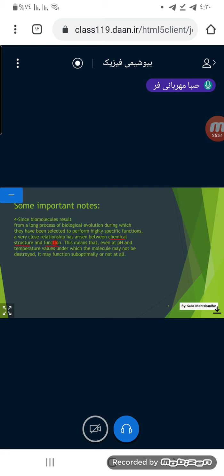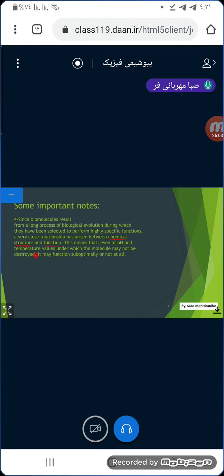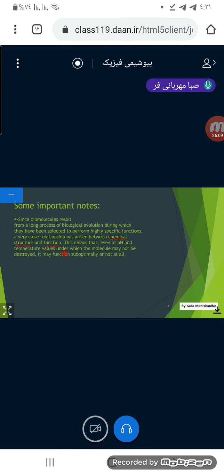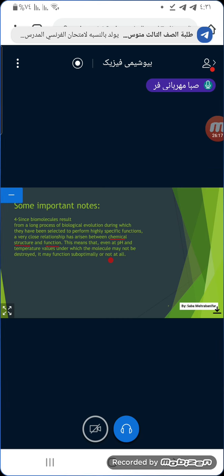So, please pay attention to this important sentence. There is a relationship between chemical structure and function. That means that even at pH and temperature values under which the molecules may not be destroyed, it may function suboptimally or not at all.